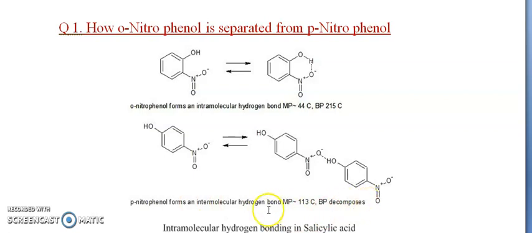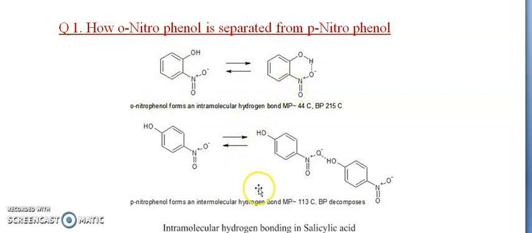So students, remember that always intermolecular hydrogen bonding is stronger than the intramolecular hydrogen bonding. जब अलग अलग मॉलिक्यूल्स के बीच में हाइड्रोजन बॉन्डिंग होगी तो वो ज़्यादा स्ट्रांग होगी, और एक ही मॉलिक्यूल के बीच में होगी तो वो कम स्ट्रांग होगी.